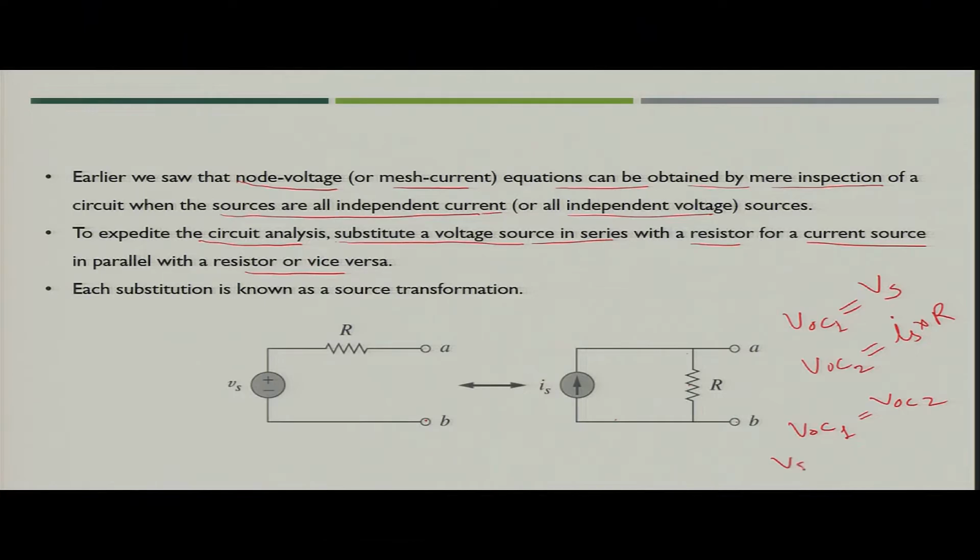So, you get Vs is nothing but Is into R. This is the same thing we got in the previous case: Vs by R is equal to Is. So, you can cross verify that whether it is the short circuit characteristic or the open circuit characteristic, the circuit is equivalent because it gives the same output.